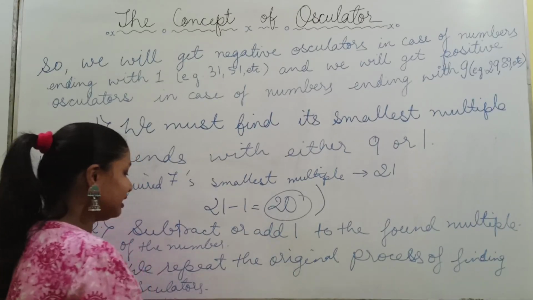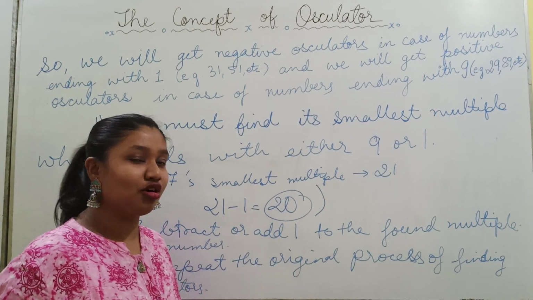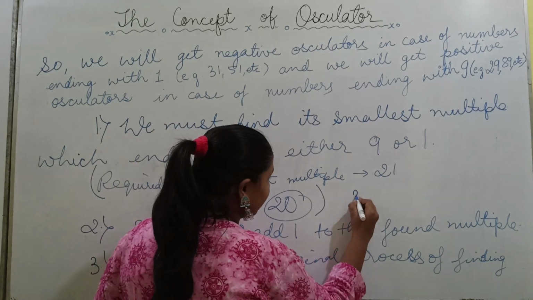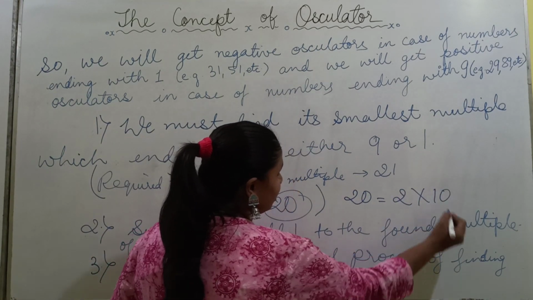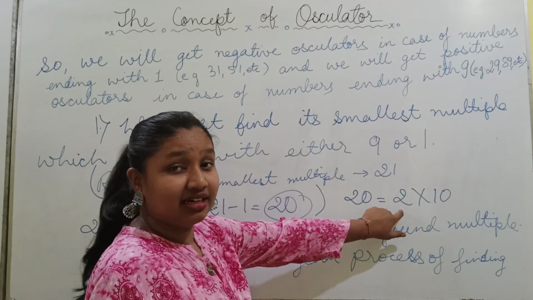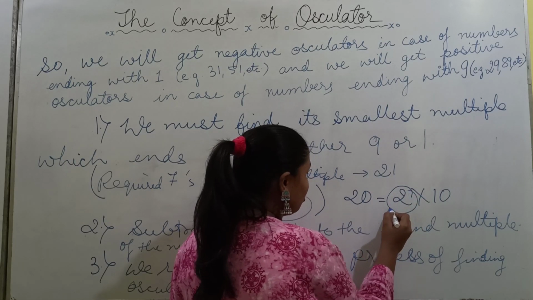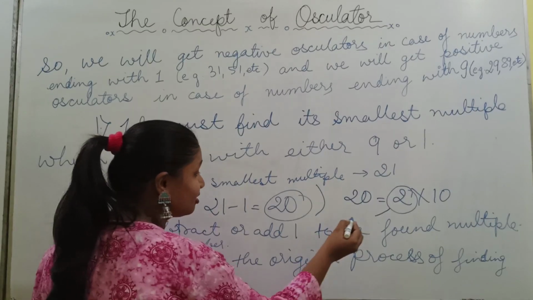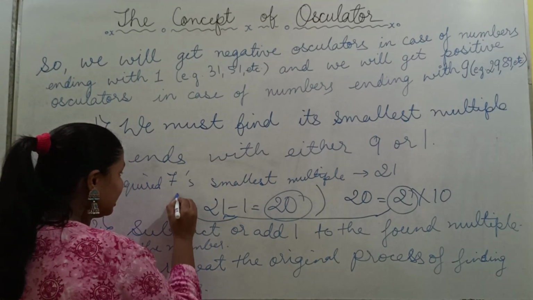And then at last we will repeat the original process of finding osculators. So according to that process we can write 20 as 2 into 10, right? And then the factor other than 10 will be said as the osculator. So we will have 2 as the osculator of both 21 and 7.